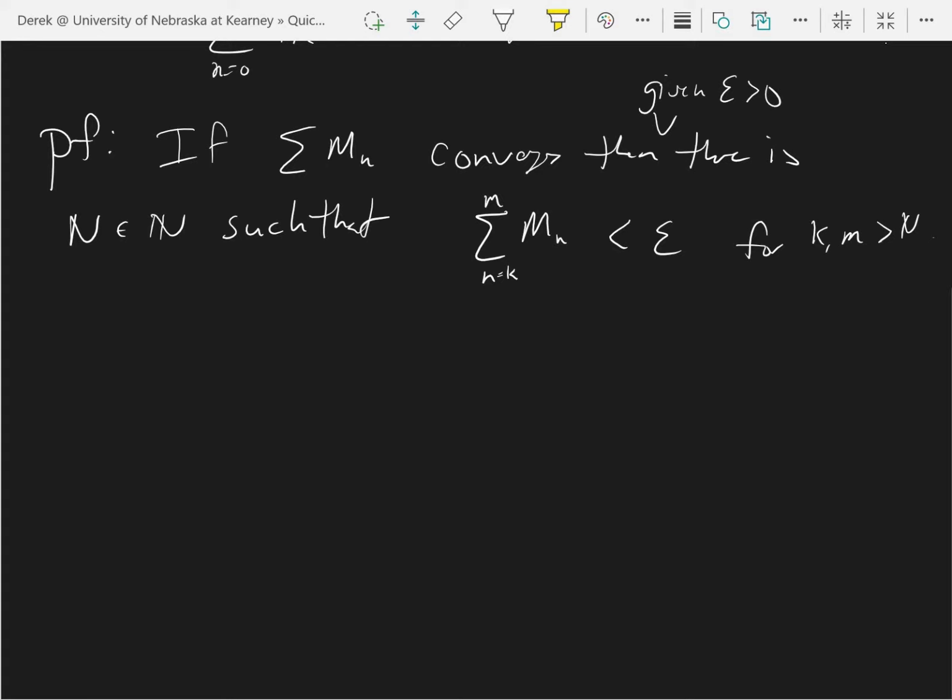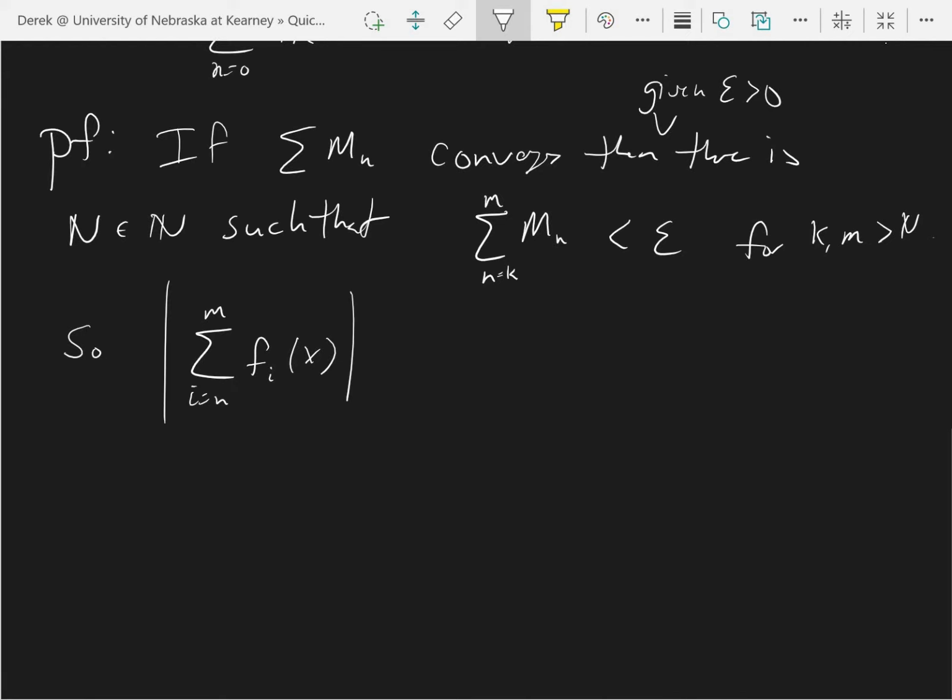We have to show that the sum of the functions converges. So let's say the sum from i equals n to m of f sub i of x in absolute value.